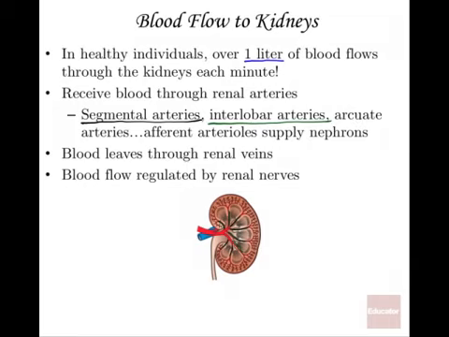The arcuate arteries take blood, branching off of the interlobar arteries, all the way up to the more superficial cortex regions. So here and so on. You're going to see those arcuate arteries. And then finally, those branch off into tiny capillary bundles.